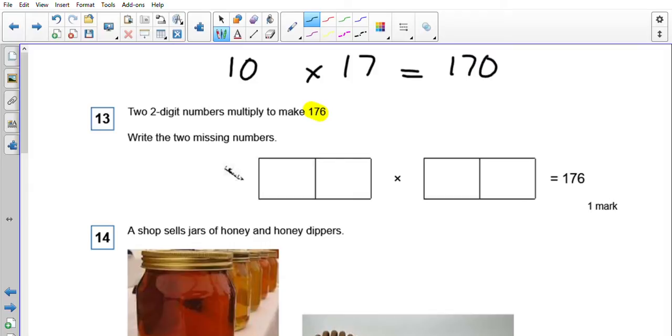Now that is 6 less than what I need to get to. So it can't be 10 times anything, because that would have to be a multiple of 10.